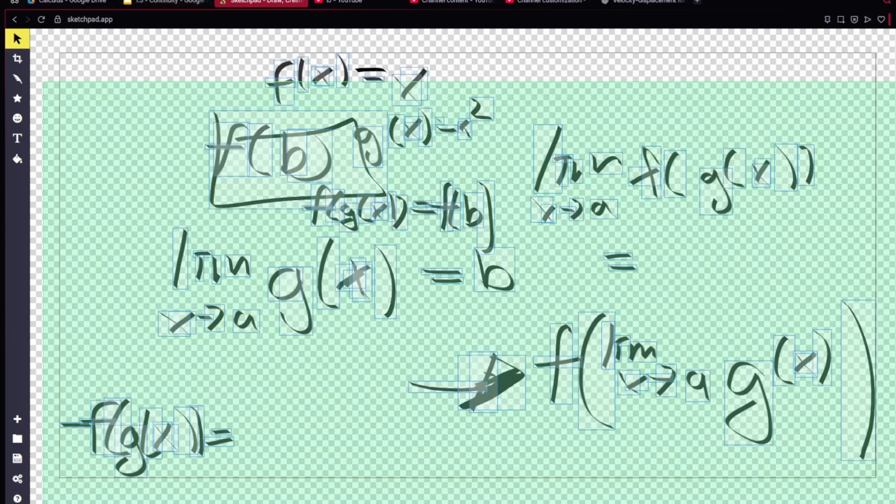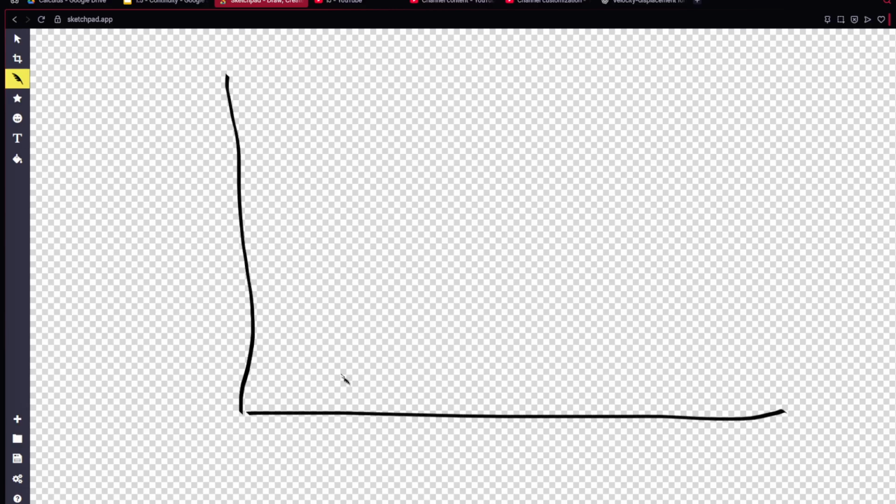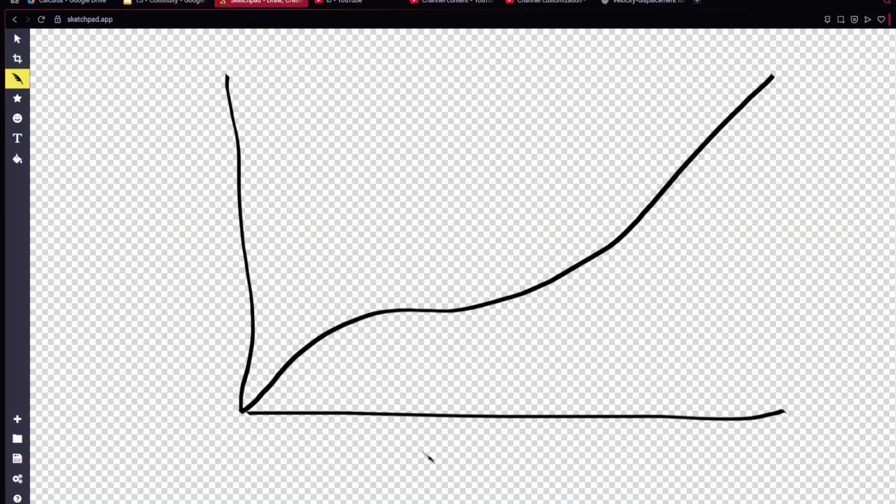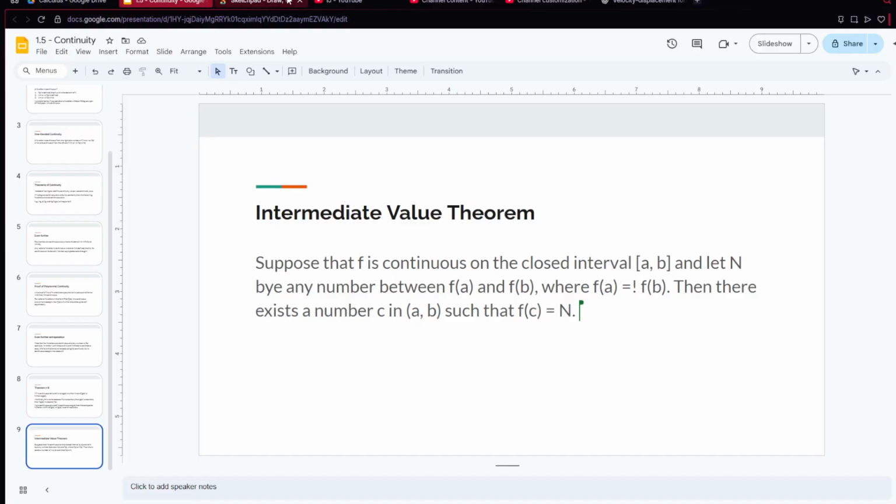What is this proof? I guess they do have to establish the proofs for even the smallest things, but it's pretty self-explanatory here. So let's take a function. Suppose that f is continuous on the closed interval a, b, and remember that an interval would be on the x-axis. So let's say this is a and b. And let n be any number between f of a and f of b.